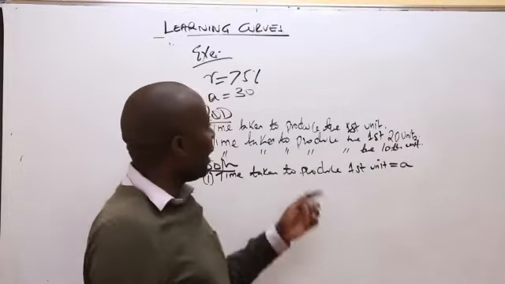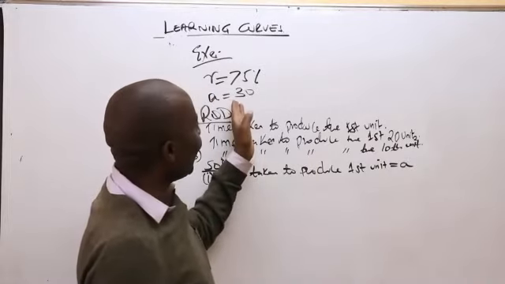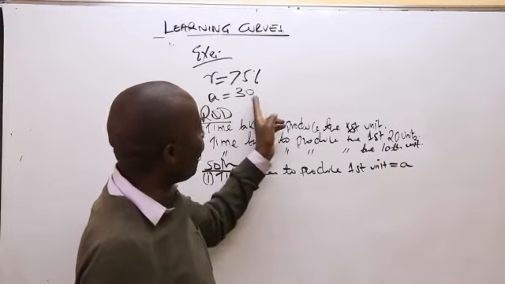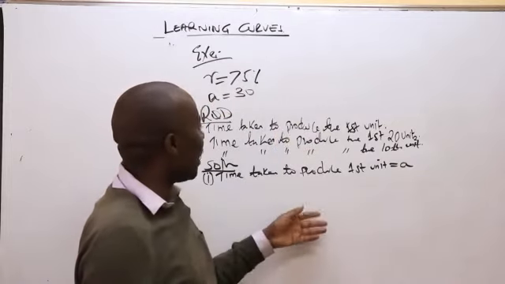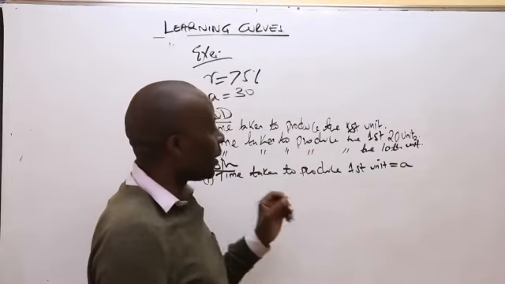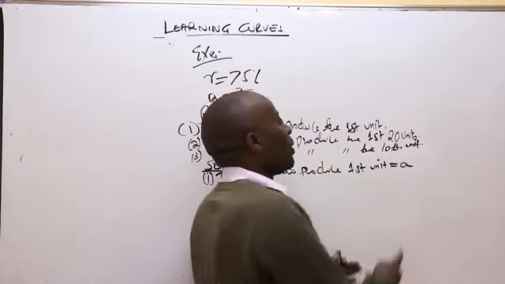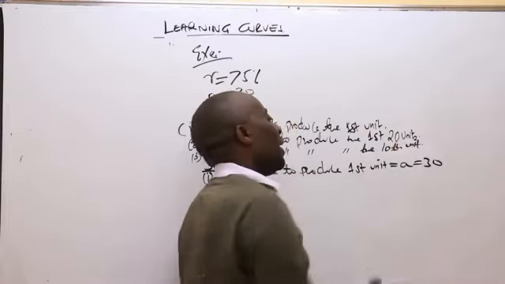So whenever you see A, it's even given here. The time taken to produce the first unit is our A, which is 30.